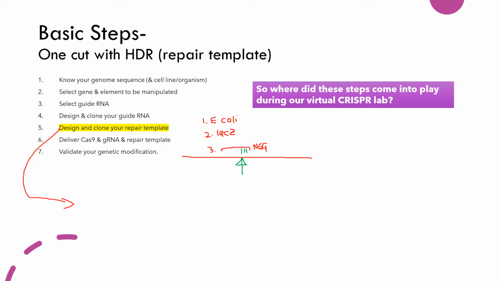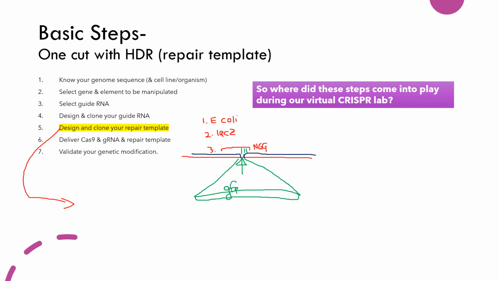And if we say that this is LAC-Z, we'll make it blue. We want to design a repair template around this cut site that's going to allow us to introduce GFP. So we need to think specifically about where we're cutting and then how we want to insert GFP there.